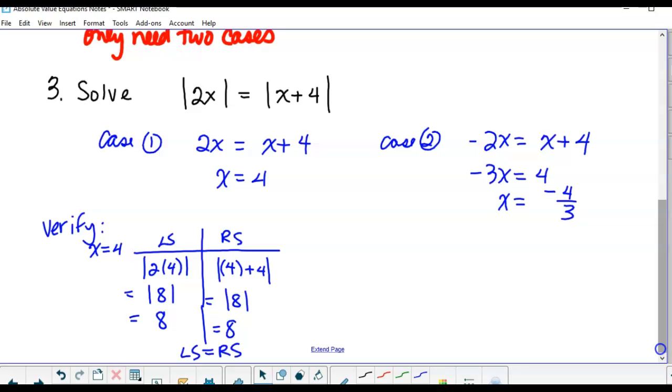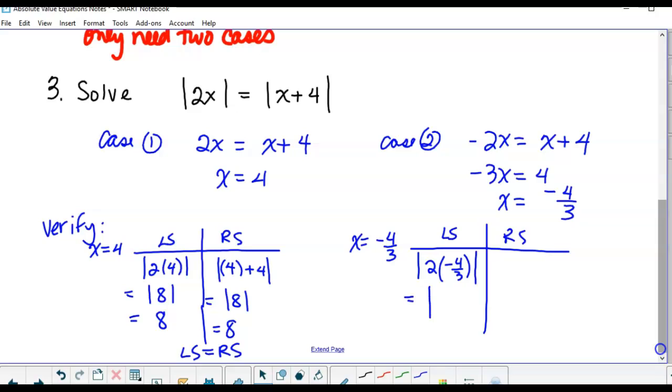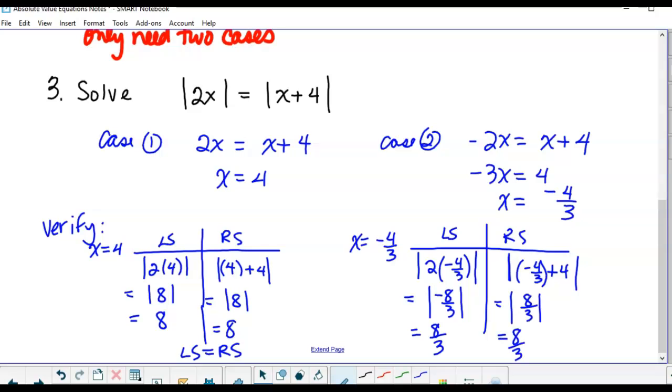Okay, so the first one works. And so does the second one.